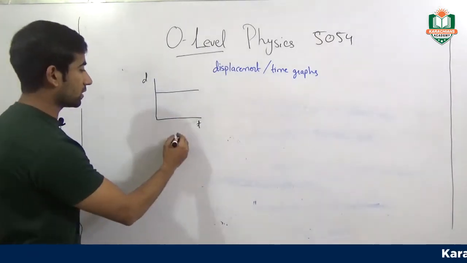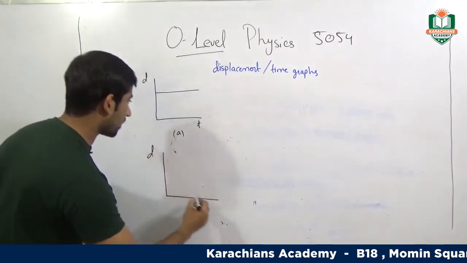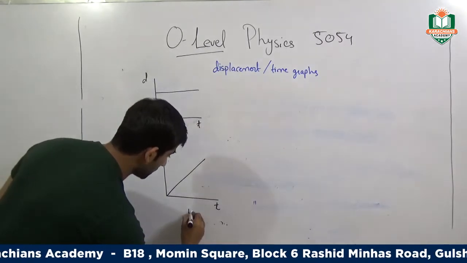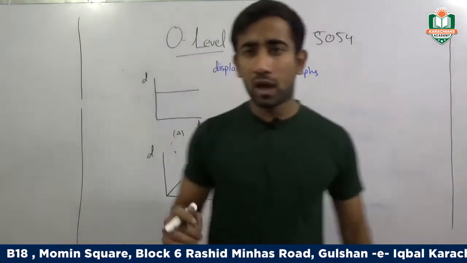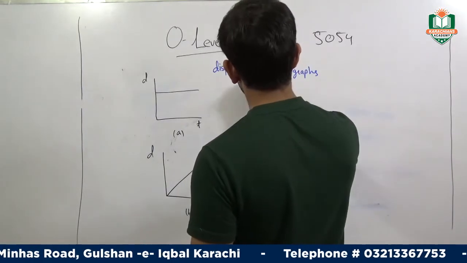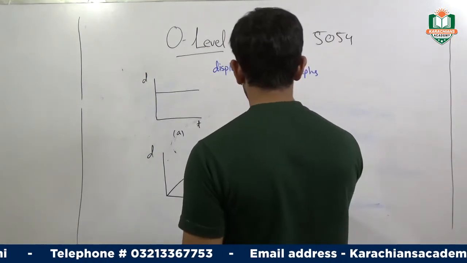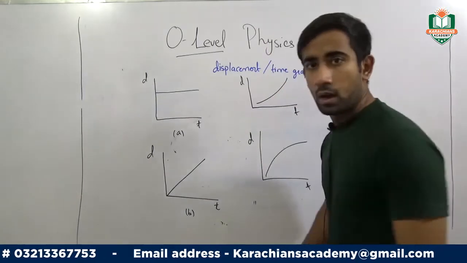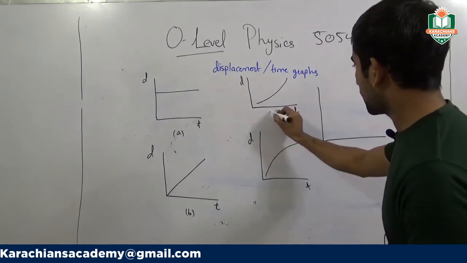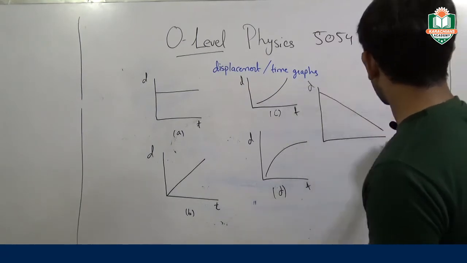This is graph A. We have another graph, again displacement on y, time on x-axis, and we have a graph like this. This is graph B. Then we also have another graph, displacement and time, which I'll be drawing here as C and D, and this time it will be like this, again displacement and time.